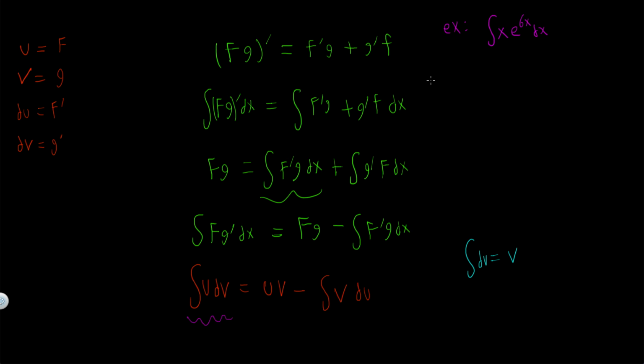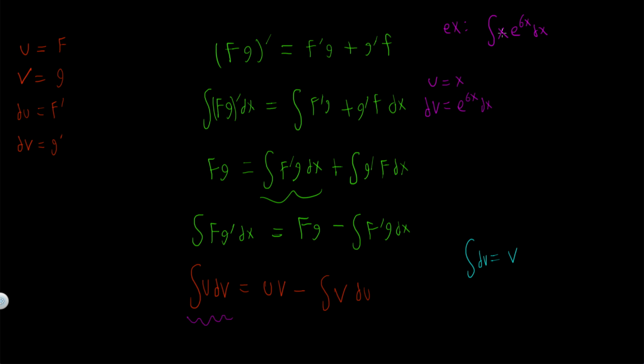So let's just say u is equal to x. And then we'll say that dv is equal to e to the 6x dx.